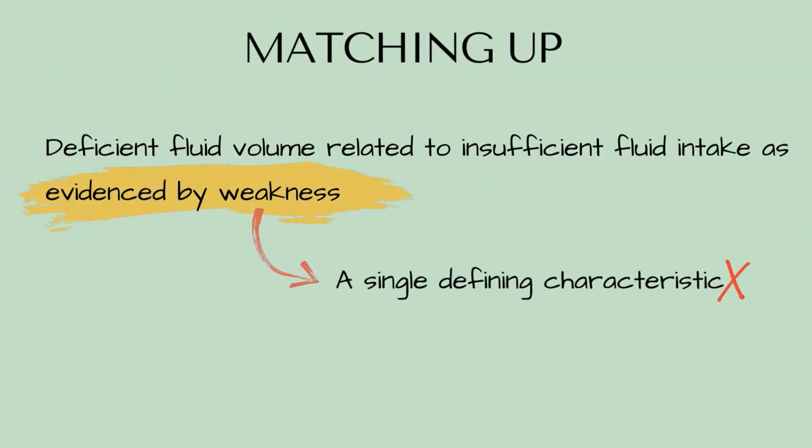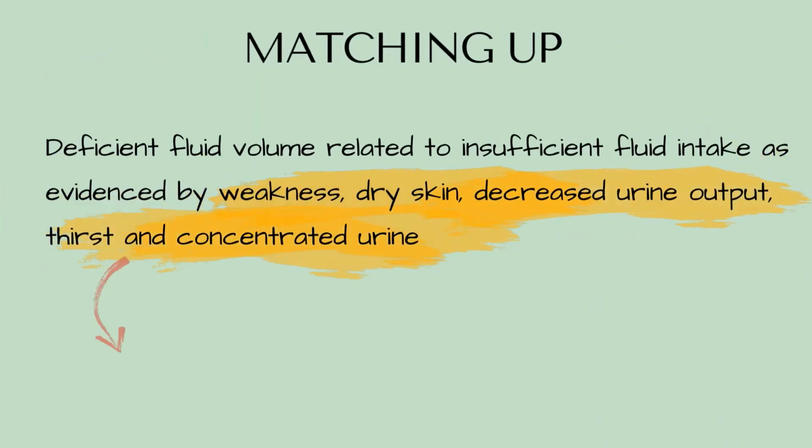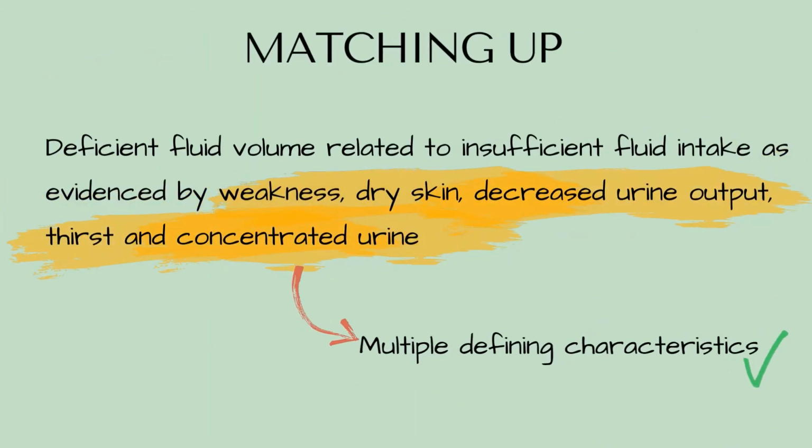NANDA describes what we call dehydration as deficient fluid volume. Although weakness is a defining characteristic for deficient fluid volume, on its own, weakness does not mean that the patient is dehydrated. To use this diagnostic label correctly, you would need to cluster other signs and symptoms to accurately diagnose the patient with deficient fluid volume.